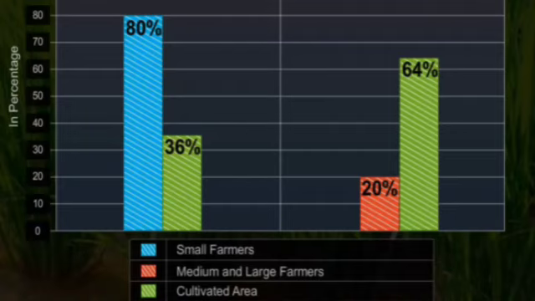Thus, you can clearly see the inequality in the division of land, and this is the situation of all the villages across India, not just of Palampur.